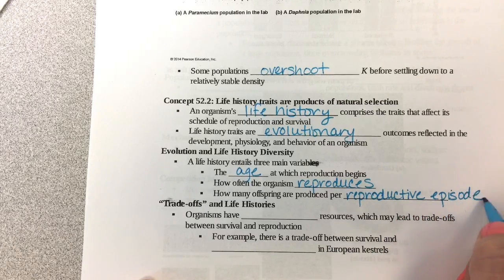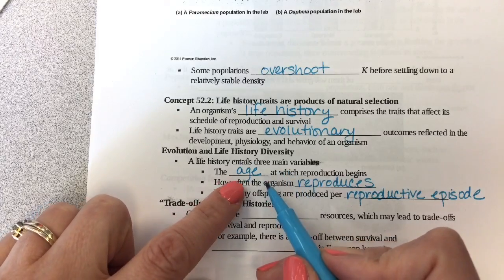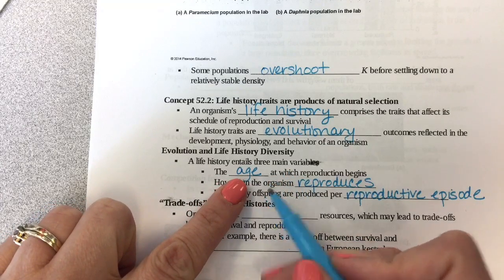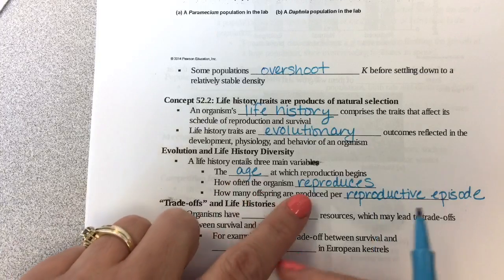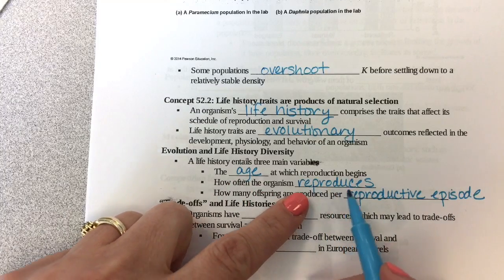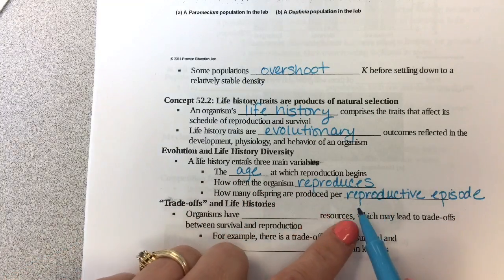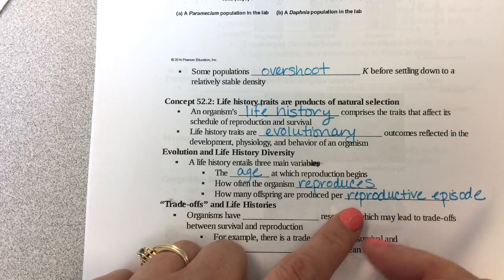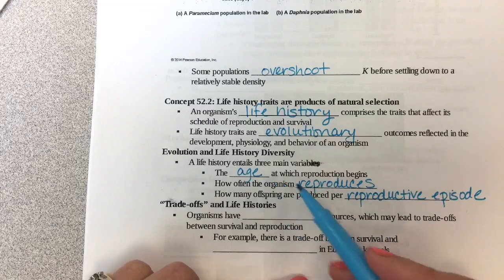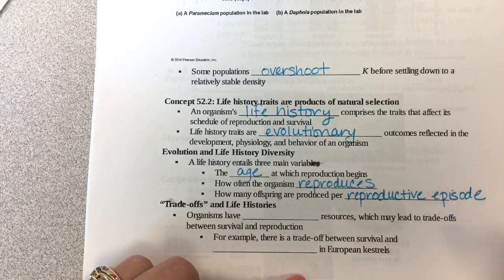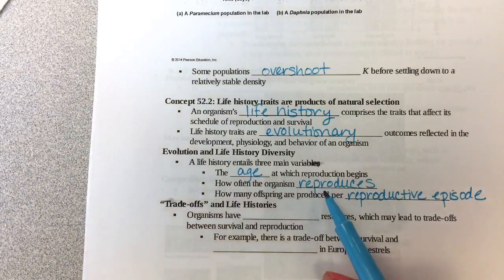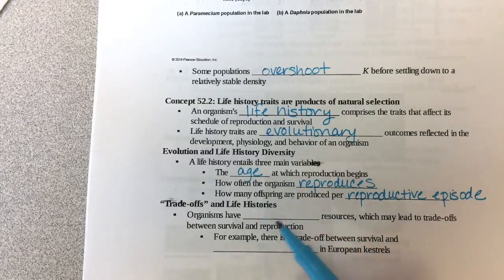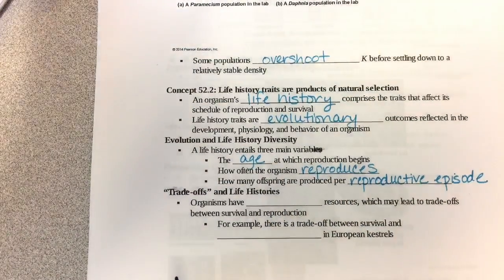So can you see that the earlier in life an organism reproduces, the more often they reproduce, and how many kids they have, if they have a litter, 10 kids versus 1 kid, all those three things will create a bigger increase in the population size. So those three things are your main variables.